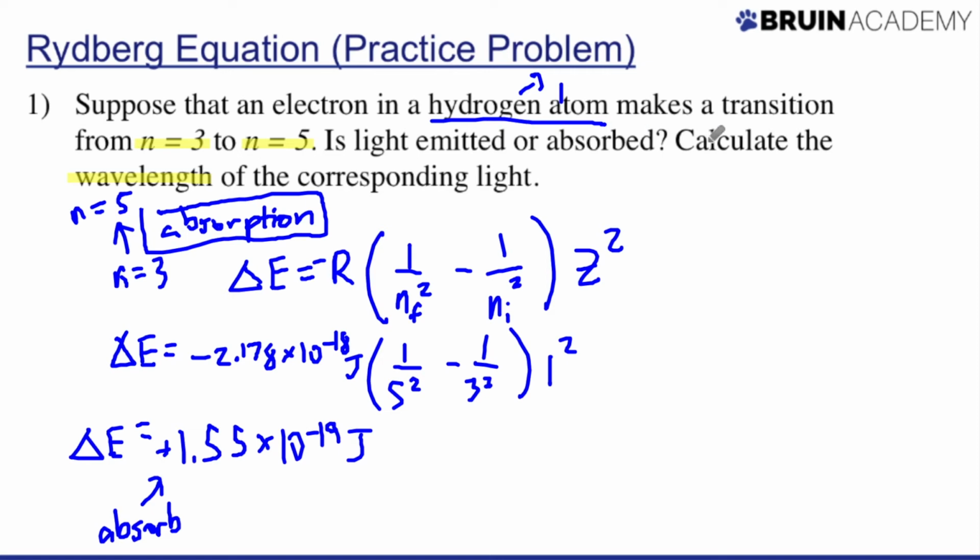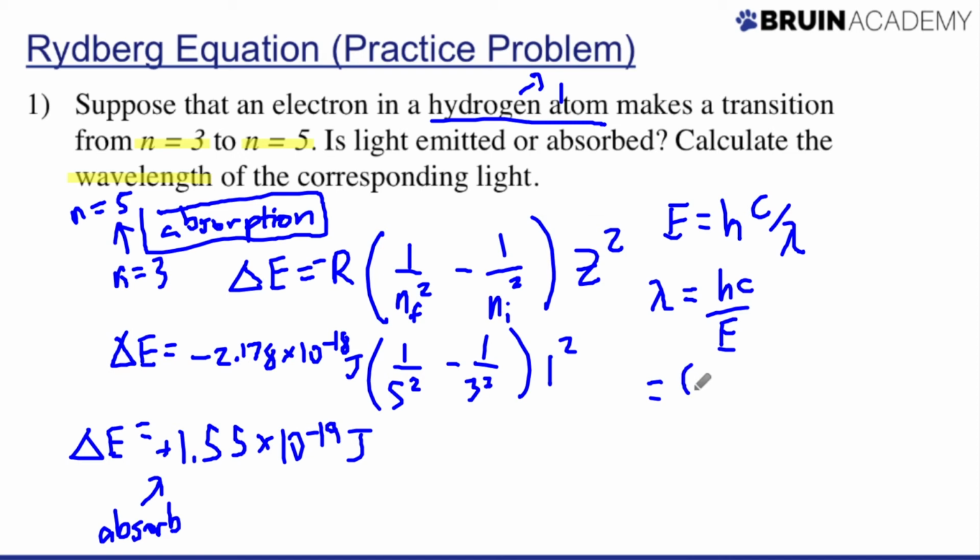Because the question is not asking for energy, they're asking for wavelength. All right, but if we know energy, we can calculate wavelength. Because we know that from this equation, E equals hc over lambda, if we know Planck's constant, if we know speed of light, which we always do, and we know energy, we can calculate wavelength. So if we solve this equation for wavelength, we get lambda is equal to hc over E. And at this point, we can just plug in.